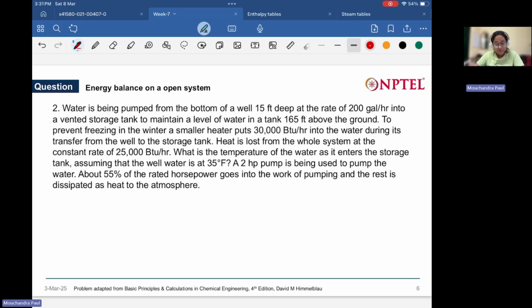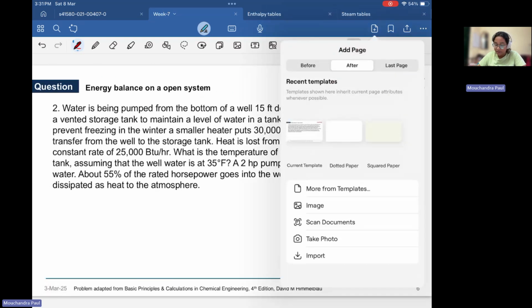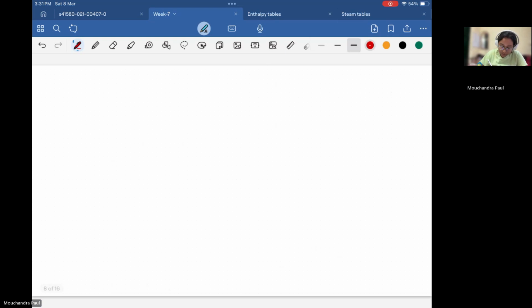So this question sounds pretty straightforward, but this is an energy balance problem on an open system. So let's try to visualize the system first by drawing a diagram. So there is an overhead tank which is at some height from ground.